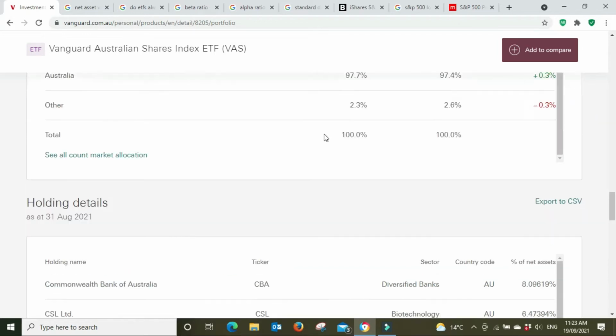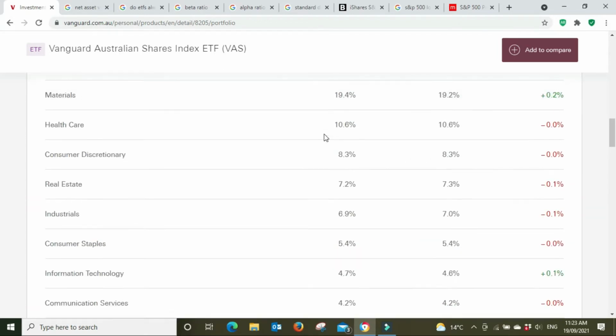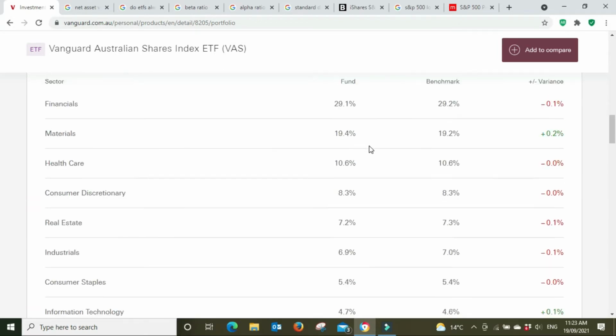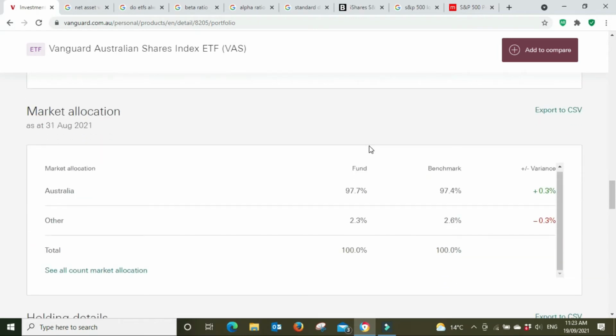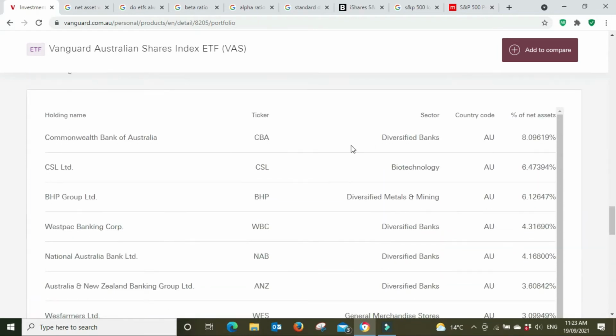So when we were up here, we had financials 29.1%, and that's the banks, basically, the big banks. So you can see here, we've got CBA, Commonwealth Bank, 8%, CSL, that's healthcare, BHP. These are the biggest companies. So when you buy the ASX 300 index, you're not buying an equal piece of every one of the 300 companies.